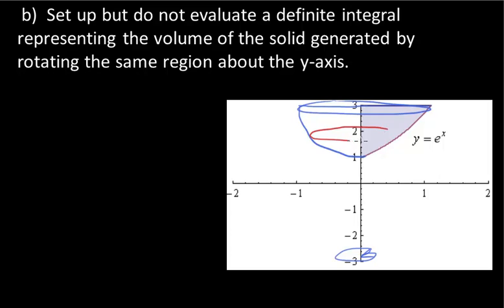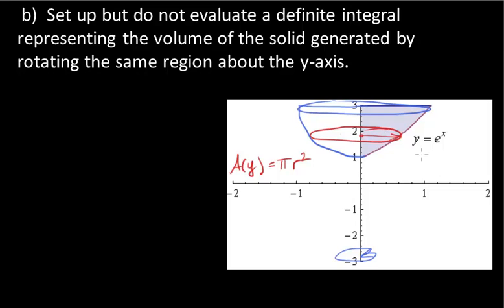So every one of my cross sections will just be circular, and the area of the cross section, A of y, it's a function of y, A of y will be pi r squared, where the radius is equal to this distance right here, the x-coordinate from 0 to the x-coordinate here.